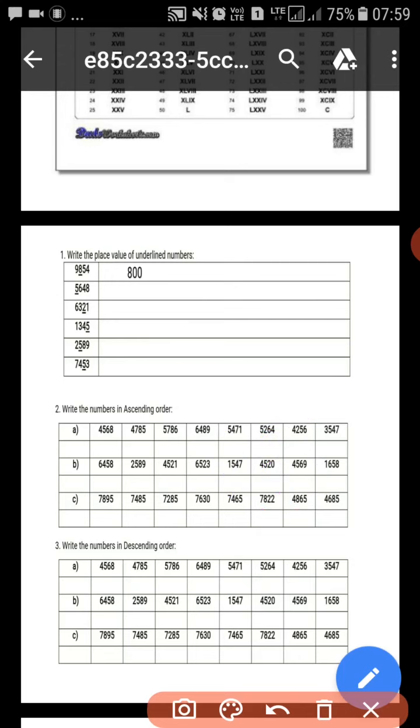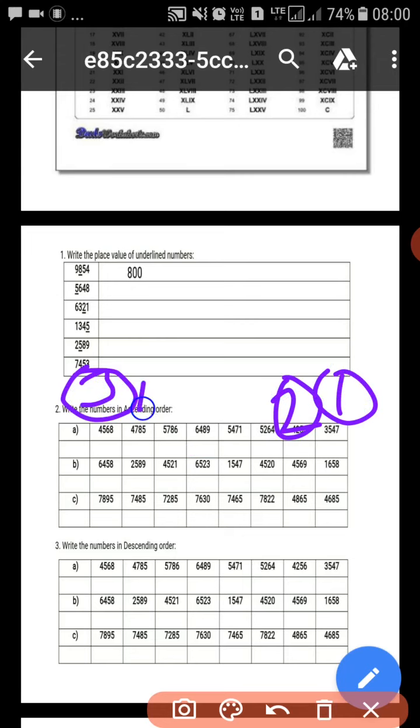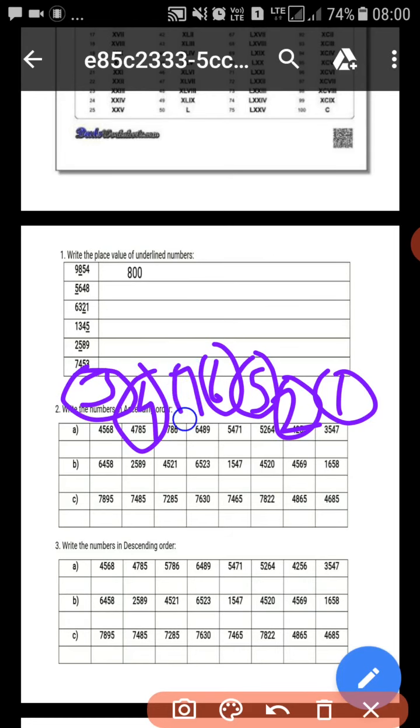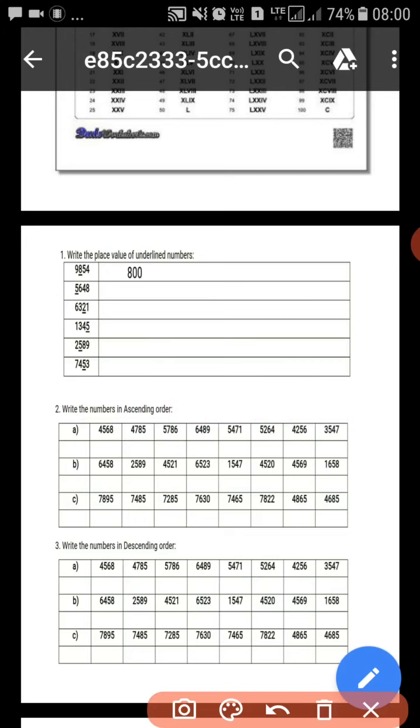So we will write this number. Then last is this number. Then the remaining number is this. Only 6 is the first digit of this number. So lastly we will write this number. Okay, so firstly we will write this number, then this, then this, then this. Okay. In the same way you will do these examples.